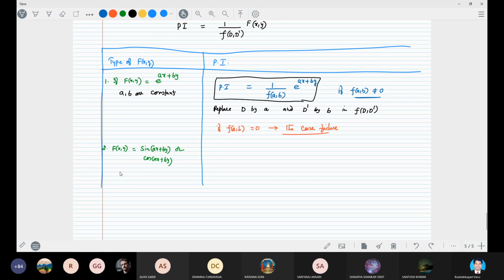Again, here a comma b are constants, any constants.